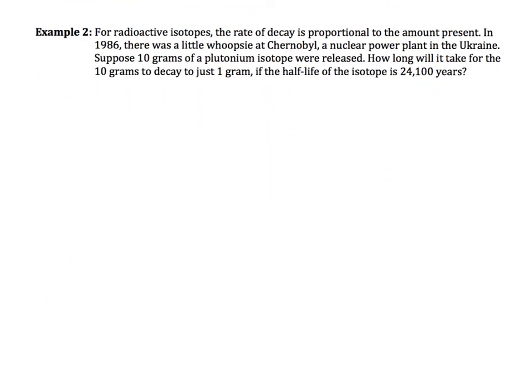All right, so for radioactive isotopes, the rate of decay is proportional to the amount present. There it is again. The rate of decay is proportional to the amount present. So really, you're looking through the language of these problems to decode it and put it into math speak.